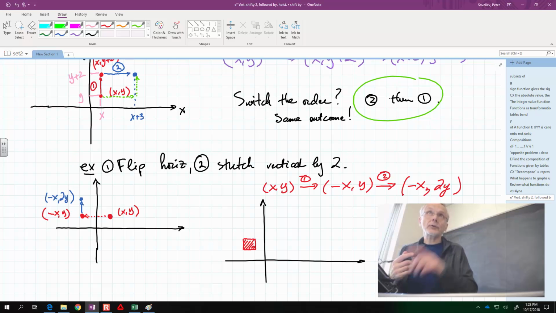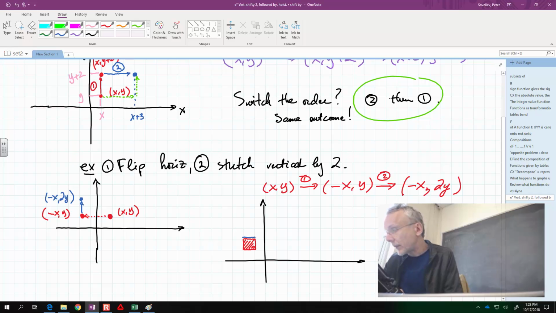A rectangle, so it will be a 1 by 2 rectangle. Where do I put it? Coincidentally, it will be right up above it like this, because the rest of it also stretches, and so the location matters.